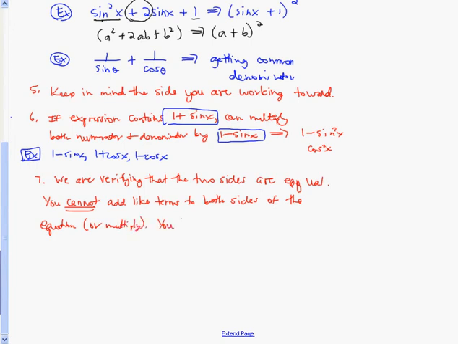You have to work within one side at a time. You can work on both sides, but you can't move junk from one side to the other or multiply through by a term or divide through by a term because you do not know that these are equivalent. You're verifying that. And so you have to only work within one side at a time. That's very critical. Very critical.